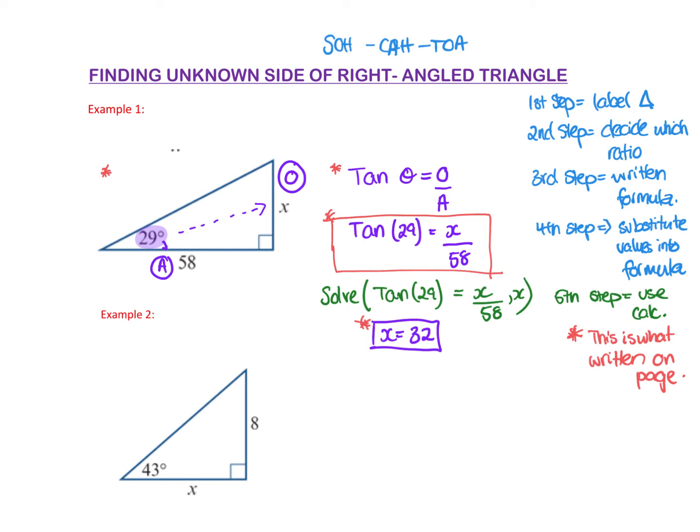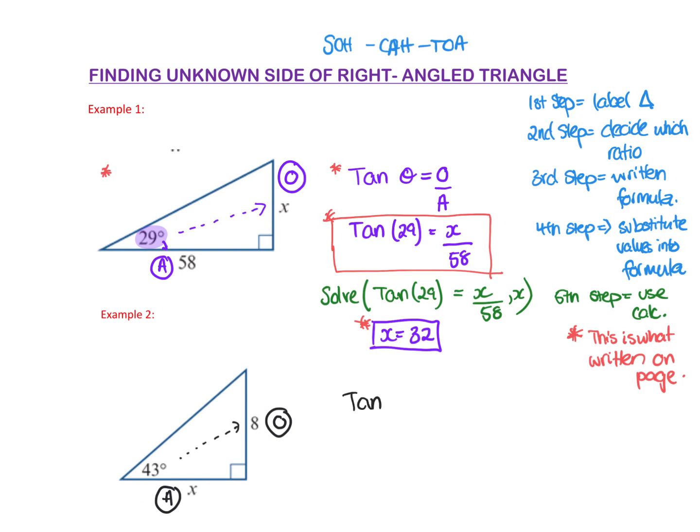All right, let's do this next one. We don't have to write out the steps because we've got them there. Our first step is to label our triangle. What side is the 8? The opposite. What side is x? Adjacent. Which rule had O and A? It's tan again.